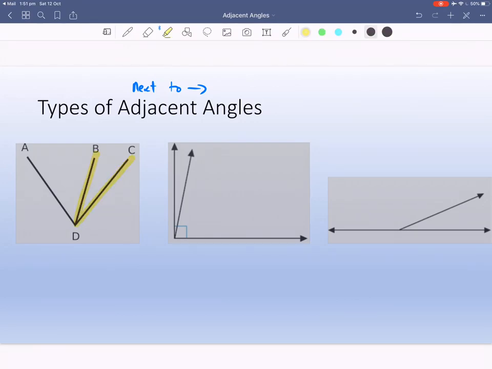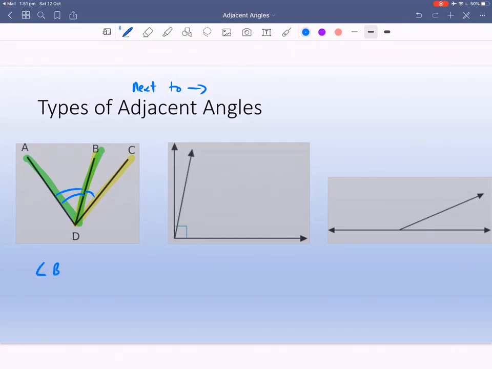We have BDC and also ADB. So they're next to each other. It's as simple as that. So that is next to this one. All right, so let's write it out.